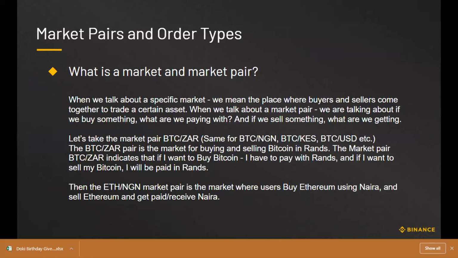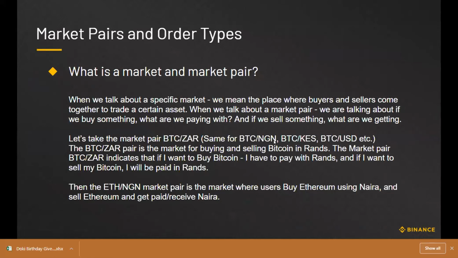On cryptocurrency, on Binance exchange, there are market pairs. Now, the most common market pair we know is BTC USDT. That's the most common because nearly everybody trades that. So there are different market pairs also. There's BTC Naira, so you can actually deposit Naira in your Binance wallet and use it to buy Bitcoin.